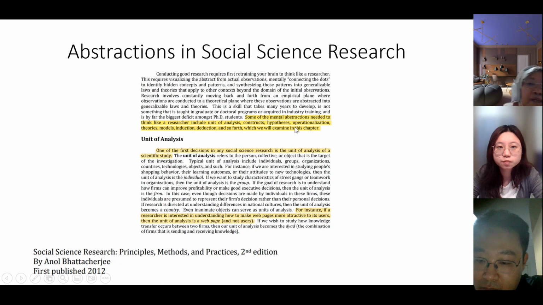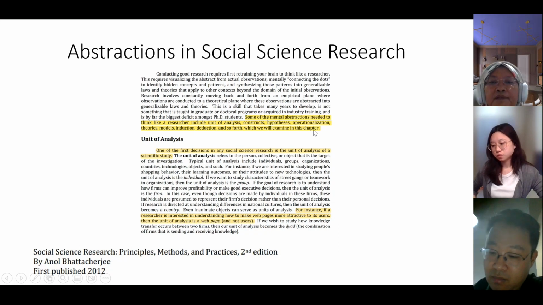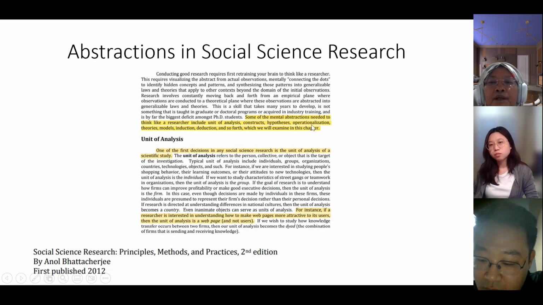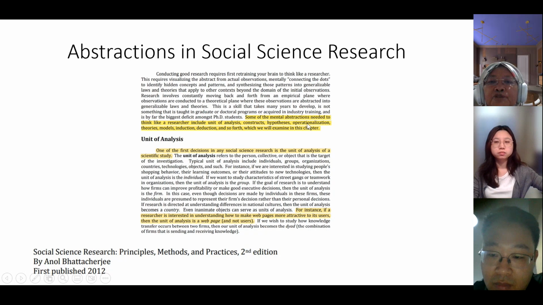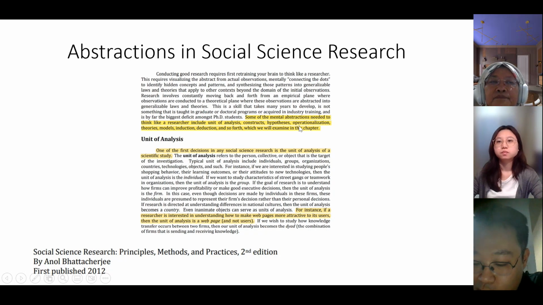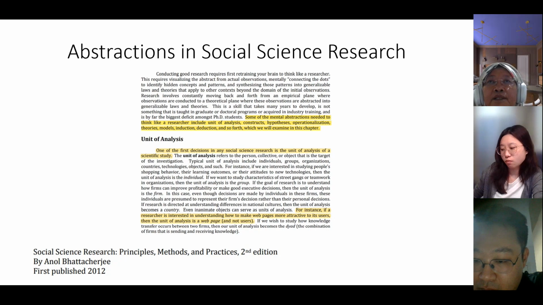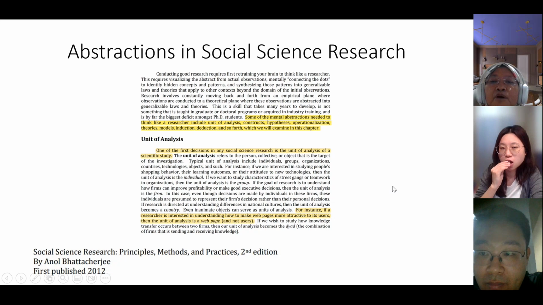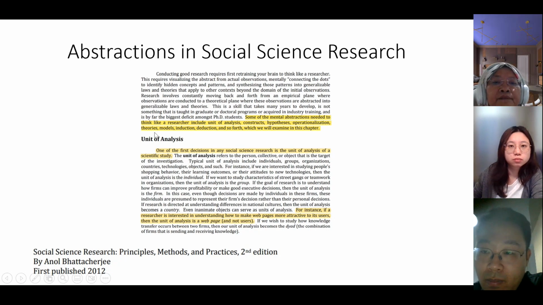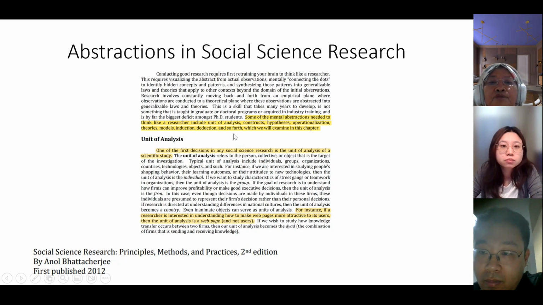Conceptual framework means you have your theory of the whole phenomena, and then you bring it down to your own environment, your data, and you come up with variables that you're going to manipulate. What is your fixed variable, your independent variable and your dependent variable. So you operationalize it. Theories, models, induction, deduction, and so forth.